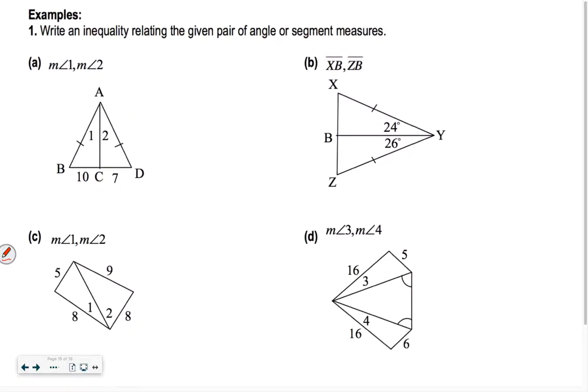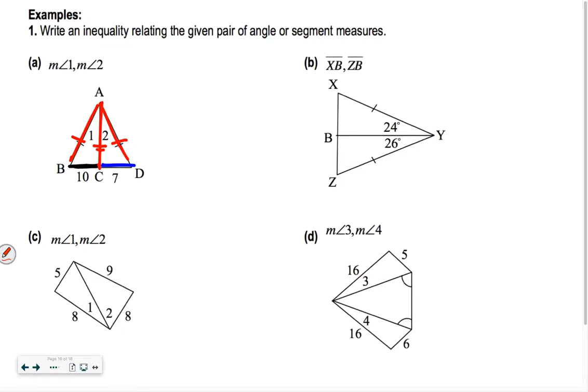So let's see if you got these questions right. We have the measure of angle 1 and the measure of angle 2. We're relating these two angles. Since I have a 10 here, but only a 7 here, we want to see if our sides are the same. See how we have our set of sides that are the same there, but then we have a shared side there. So imagine our sticks or straws.